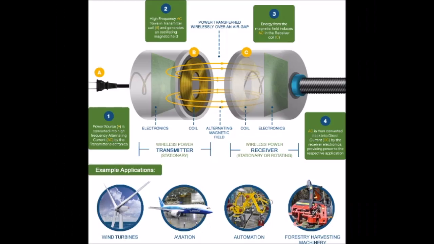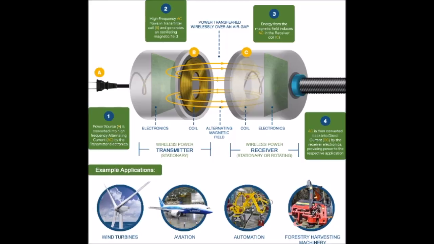The diagram below simplifies this process into 4 key steps. Step 1. Power source A is converted into high-frequency alternating current by transmitter electronics. Step 2. High-frequency alternating current flows in transmitter coil B and generates an oscillating magnetic field.